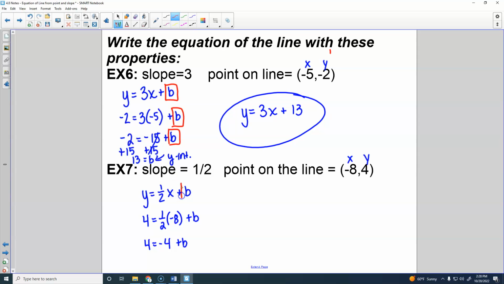We're trying to solve for this b right here. So what's the last thing I'm going to do there, Kaylee? Good. So 8 is my b. That is my y-intercept. So Eddie, what's the equation of the line? Y equals what? Y equals 1/2 x plus 8. Perfect.